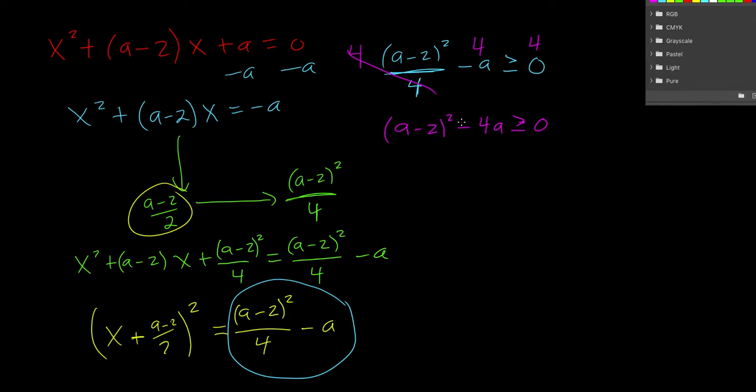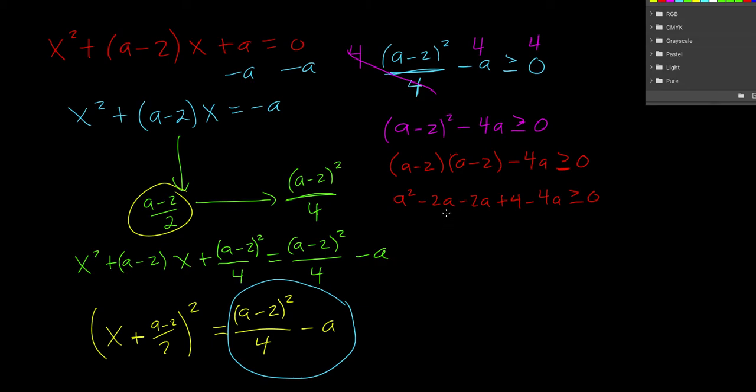Now, if we actually multiply this out, we think of it as a minus 2 times a minus 2, minus 4a is greater than or equal to 0. So a times a is a squared. A times negative 2, negative 2a, negative 2 times a, negative 2a, negative 2 times negative 2, positive 4. And then we still have this negative 4a, and that's greater than or equal to 0.